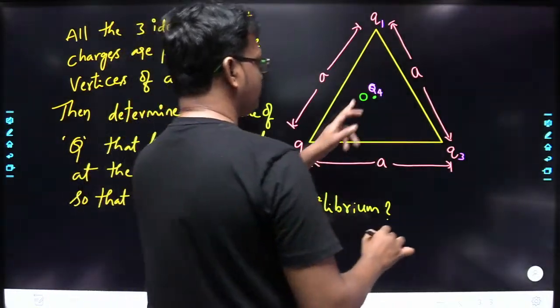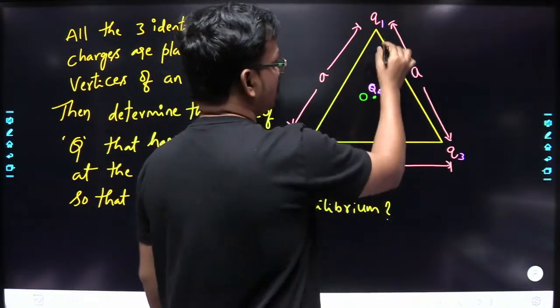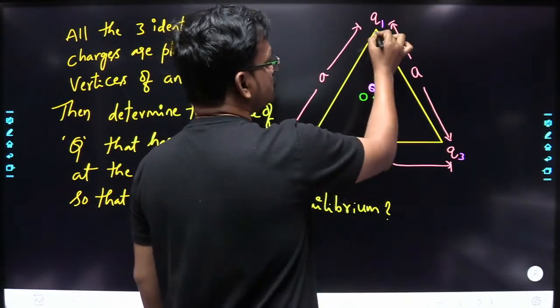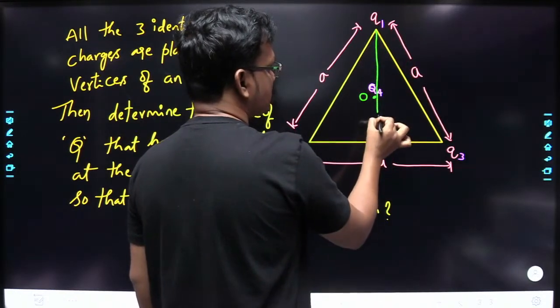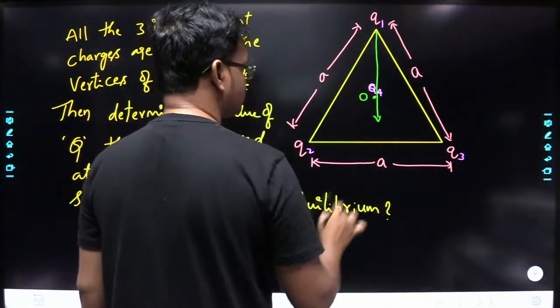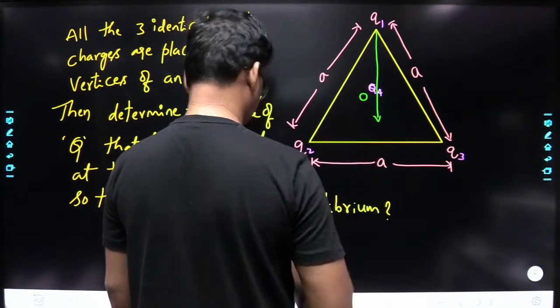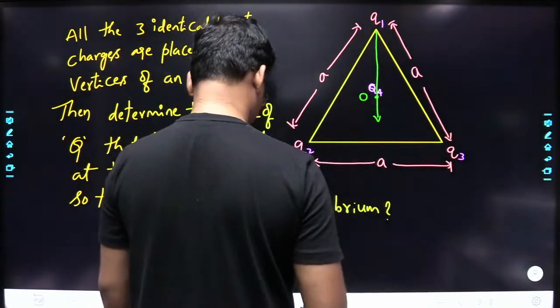Now the force on Q4 due to Q1. Let us assume all are of the same polarity. So the force on Q4 due to Q1 is going to point in this direction.